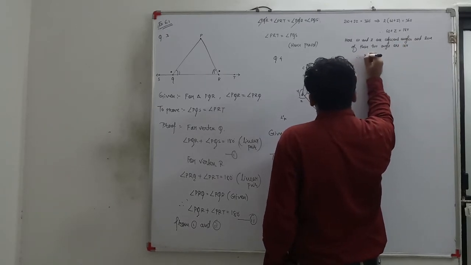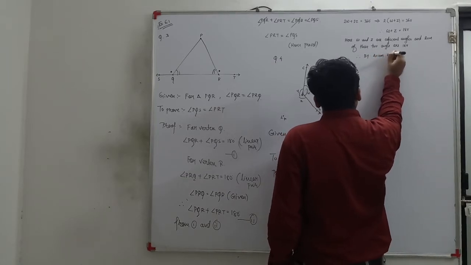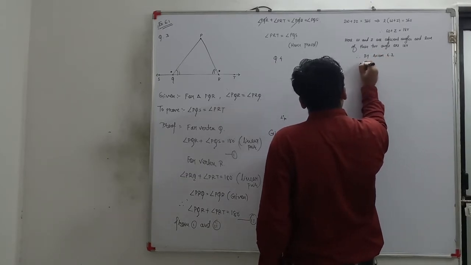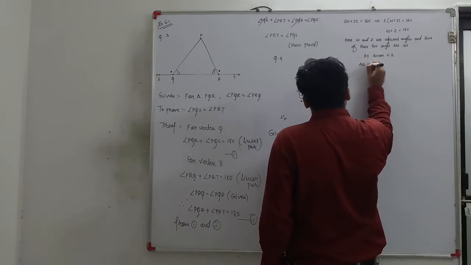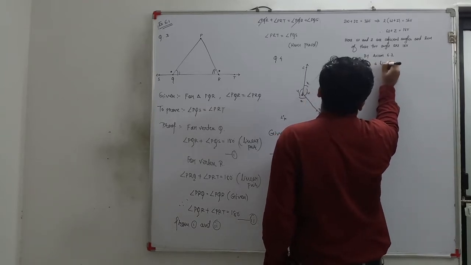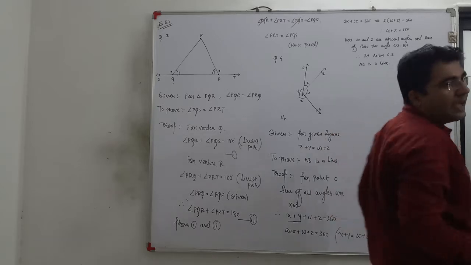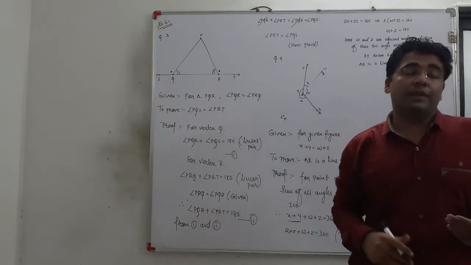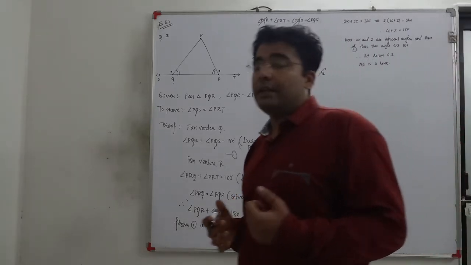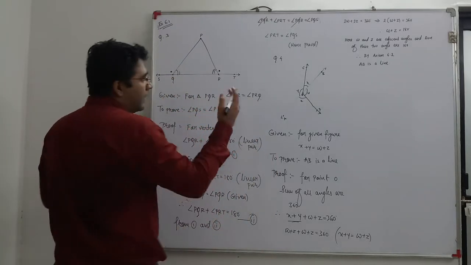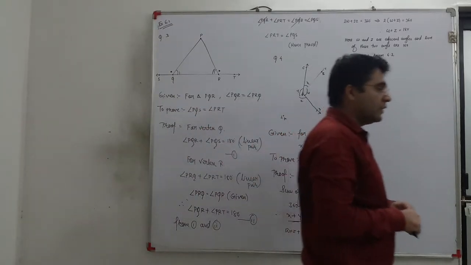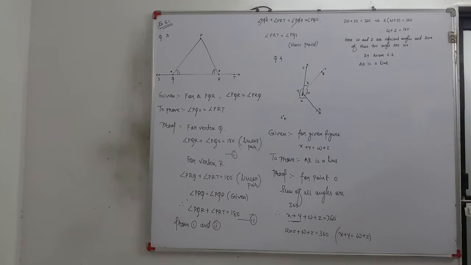Therefore, by axiom 6.2, AB is a line. This is my answer. Axiom 6.2 is the reverse of the linear pair axiom. That's why I am using axiom 6.2.